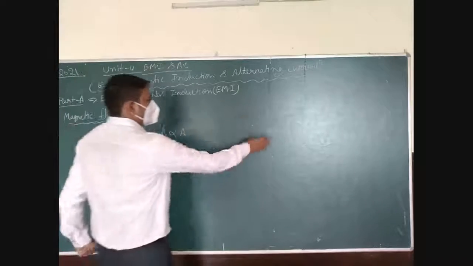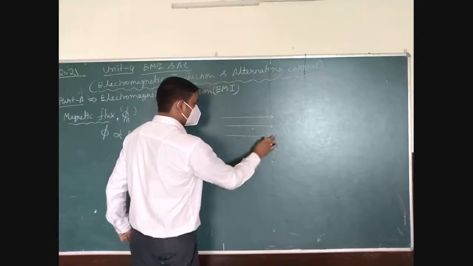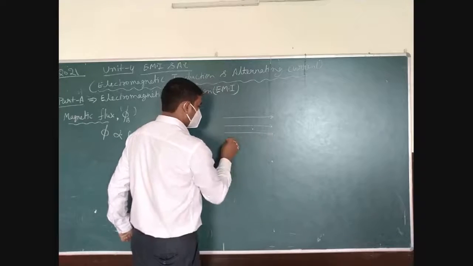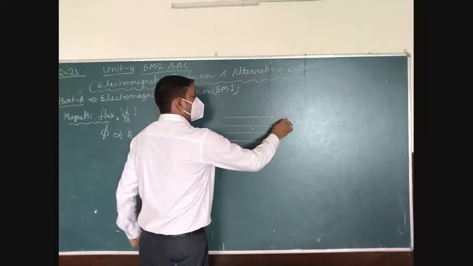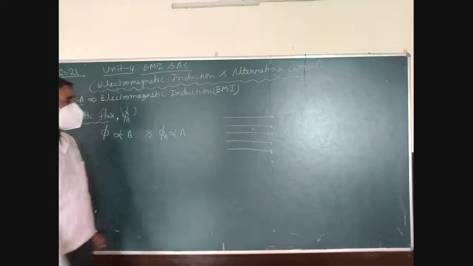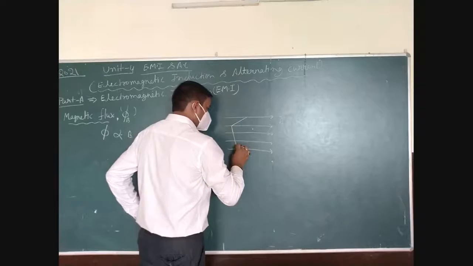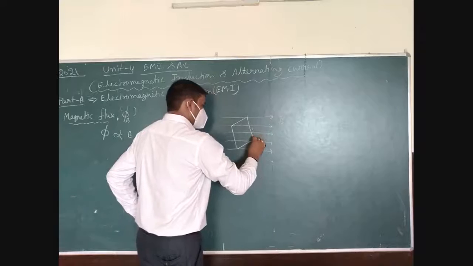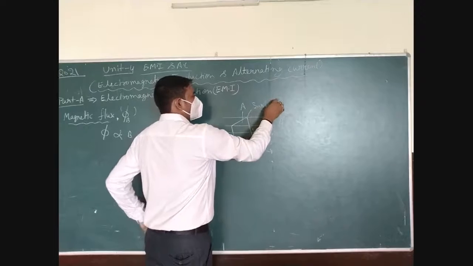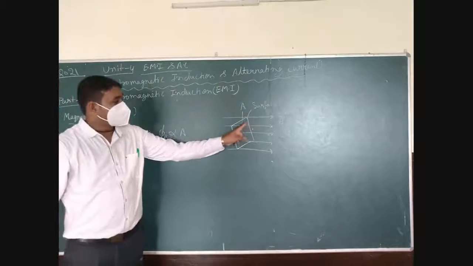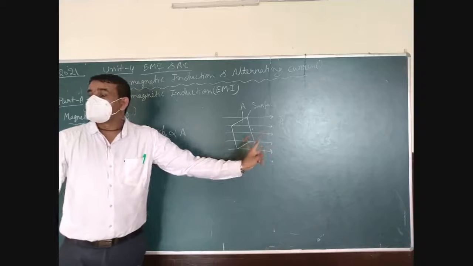For example, suppose we have some uniform magnetic field lines, and we have taken a surface with area A. Here we observe that all the magnetic field lines 1, 2, 3, 4 and 5 touch the surface.